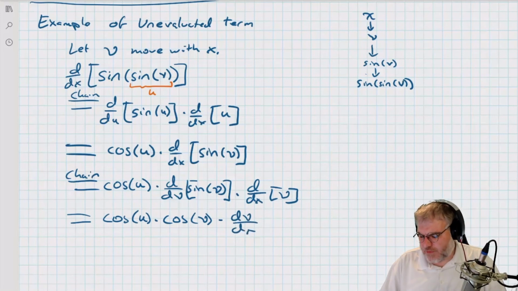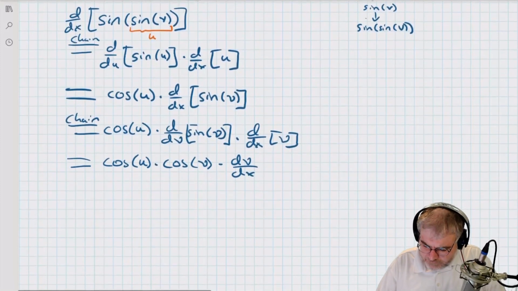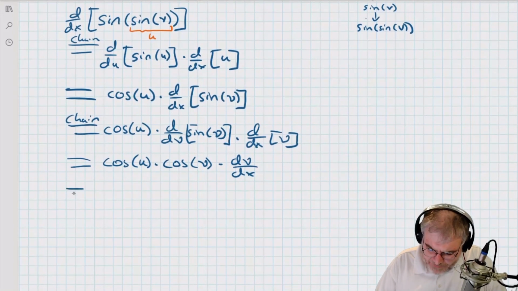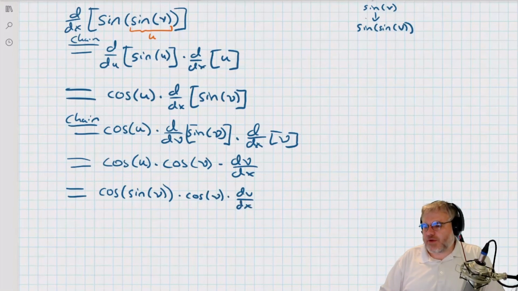And I can't say anything more because I don't know anything more. And then I'm just going to sub back in my baggage, my u's. So this has become sine of v times cosine of v times dv over dx. How do we feel about that one, 1 to 5?